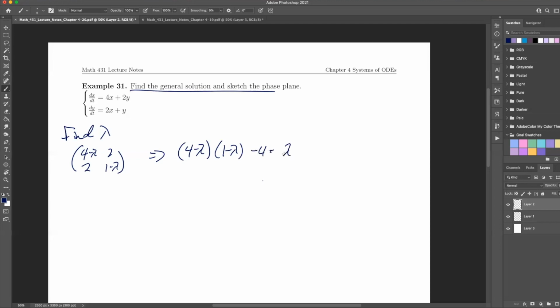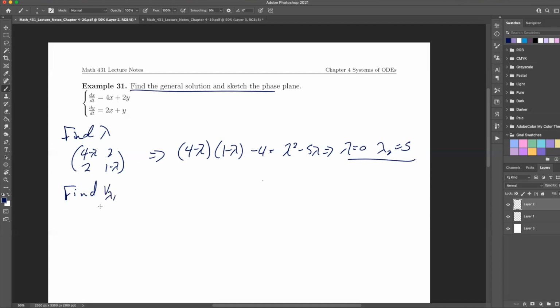So this is equal to lambda squared minus 5 lambda, which implies that lambda either is 0 or lambda is equal to 5. If you have lambda equal to 0, the next step is just to find the eigenvectors, because technically this is repeated and different, right?